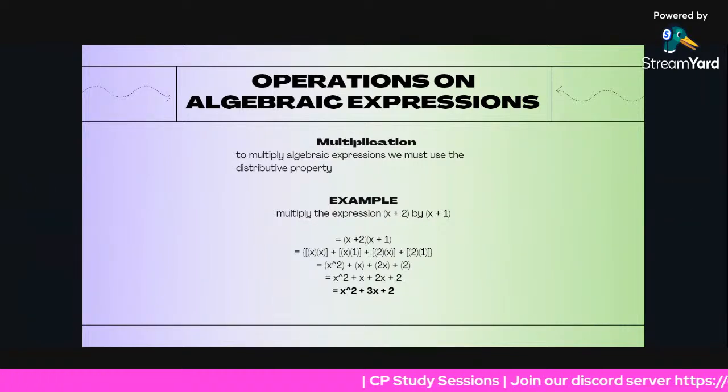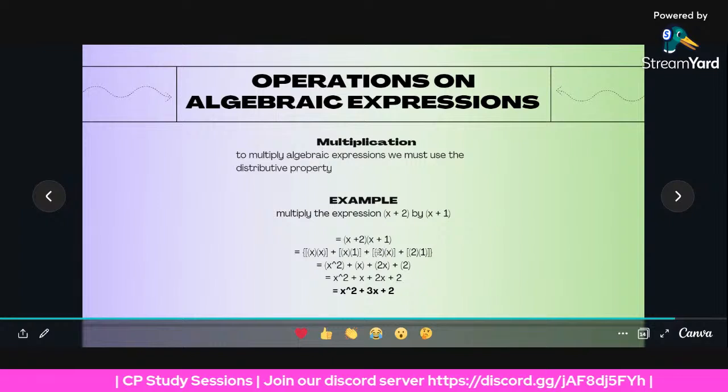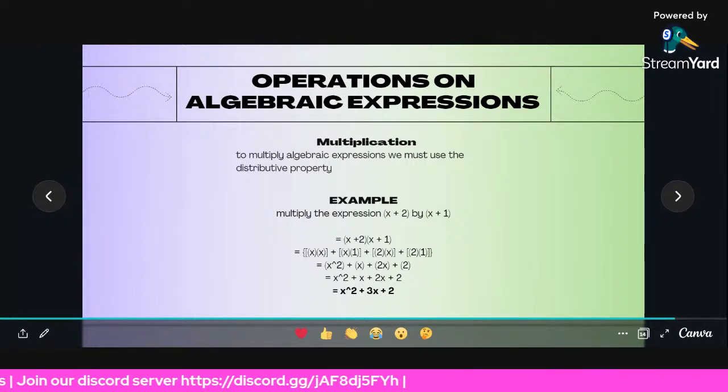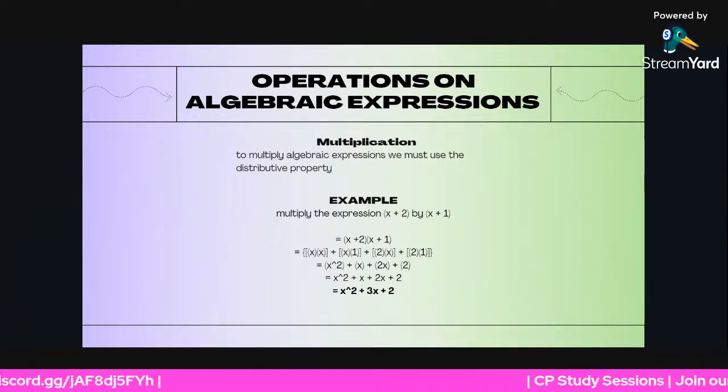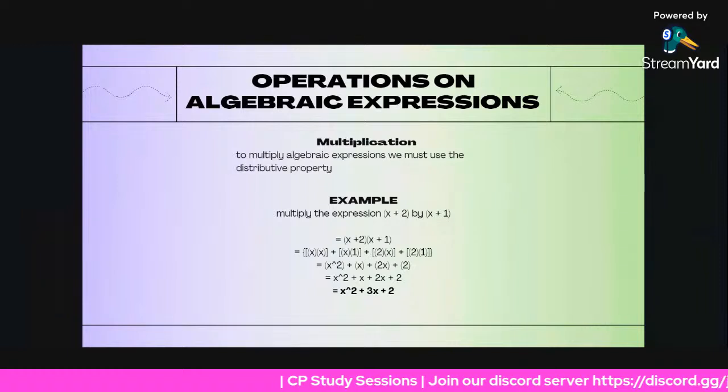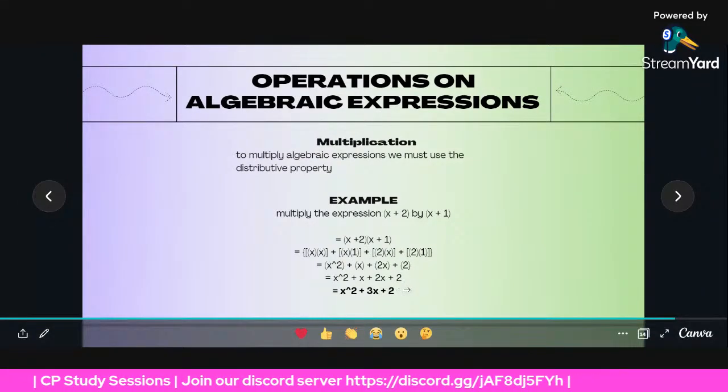So, x plus 2x is equal to 3x. Then, i-bring down nyo na lang, ikakopy nyo na lang yung terms na hindi naman kailangan i-simplify since wala naman i-combine sa kanila. So, x squared plus 3x plus 2.